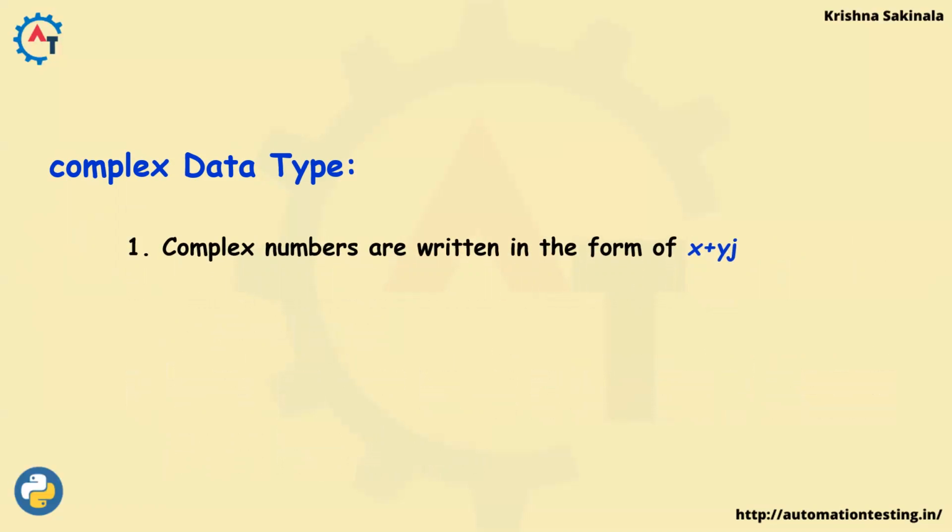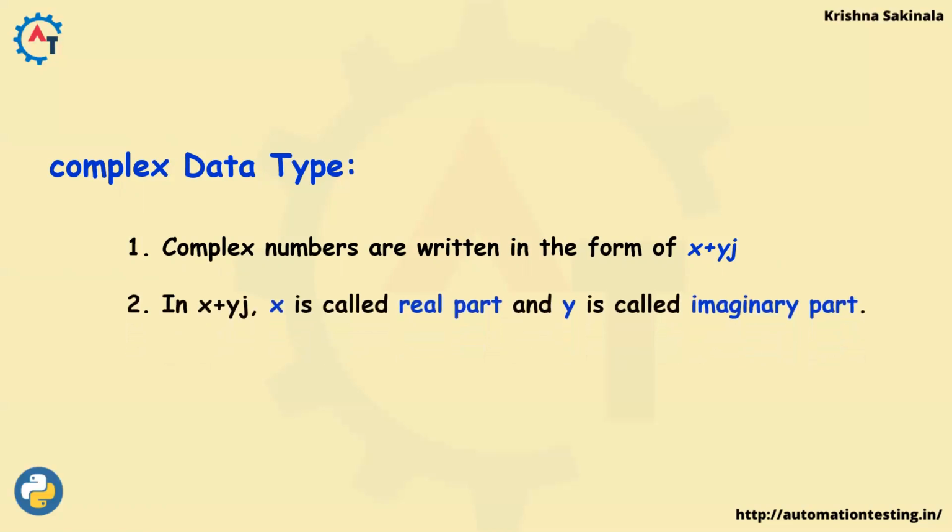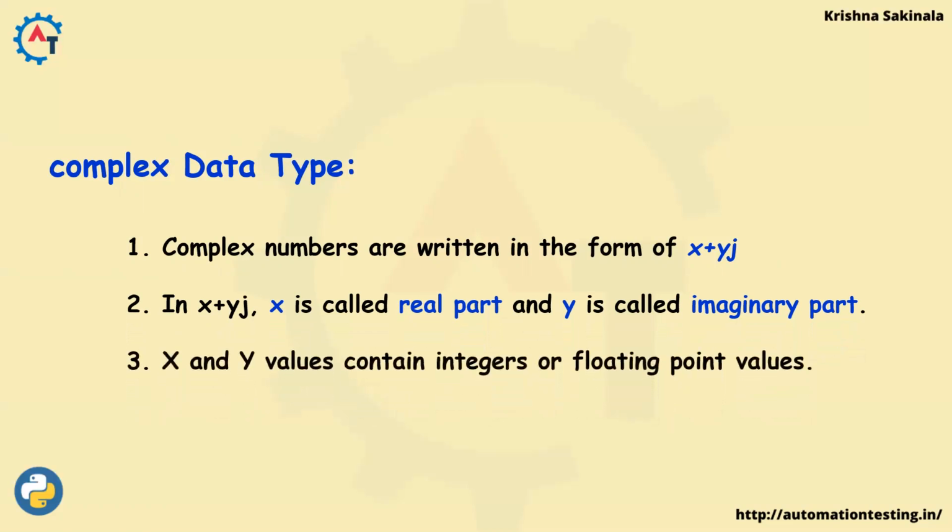Complex numbers are written in the form of x plus yj. In x plus yj, x is called the real part and y is called the imaginary part. The x and y values can be integers or floating point values, so it allows both integer and float.